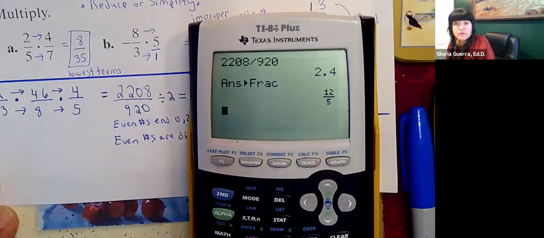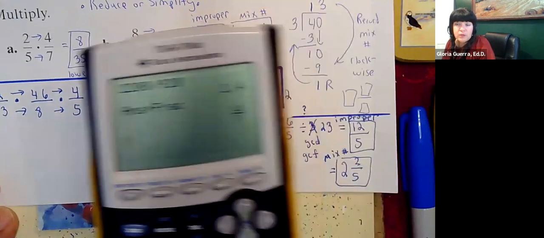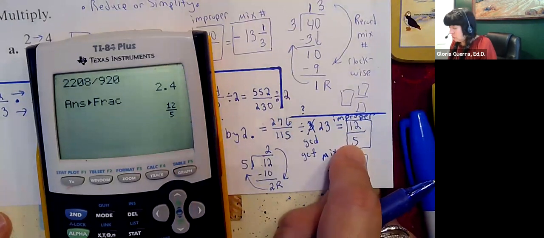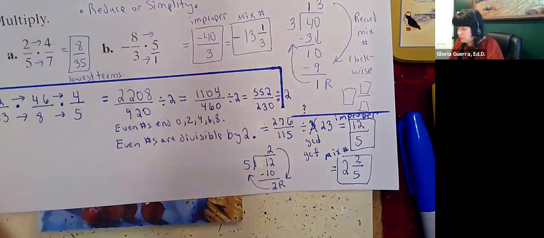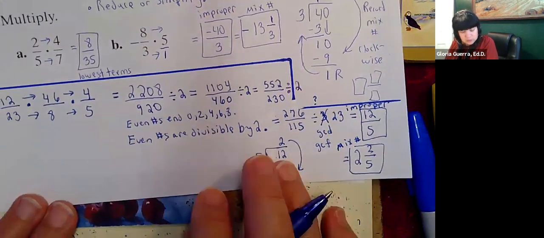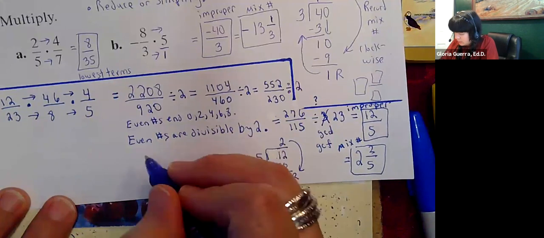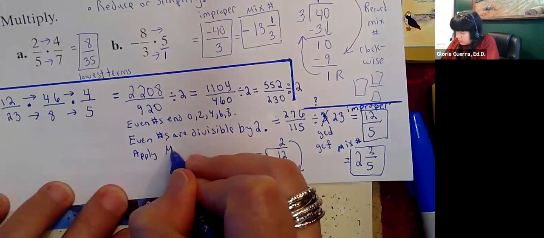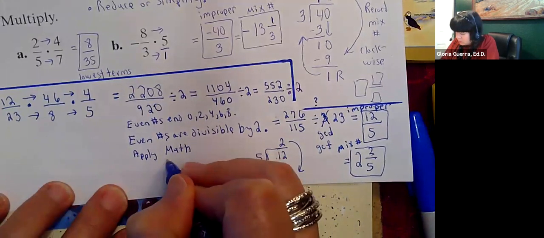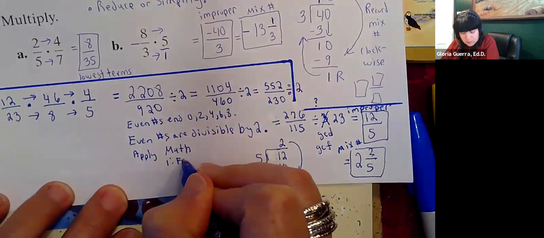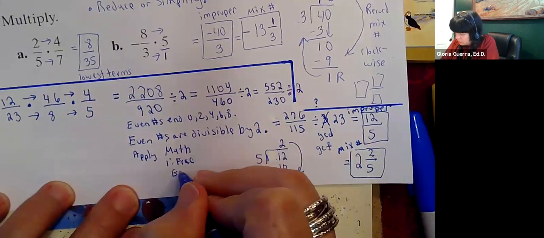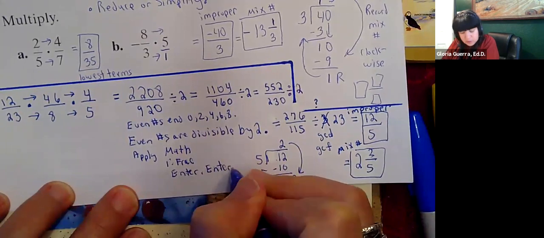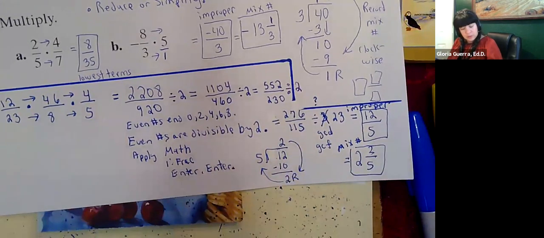And see how that reduces to 12/5, which is what we got on our own, dividing it out ourselves. So it's good to know how to do it on the calculator too, to check your work. So you can apply math, then frac, and then enter, enter.